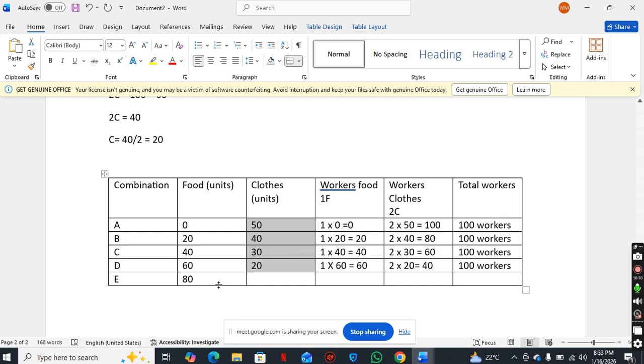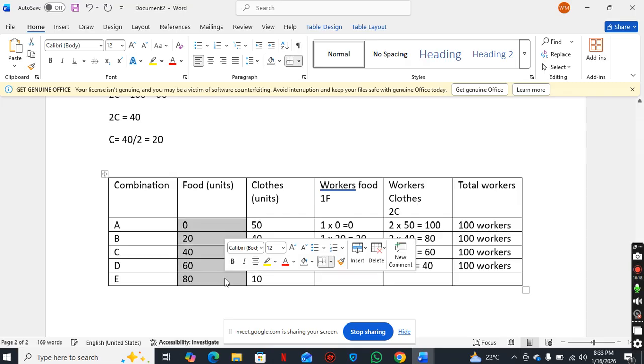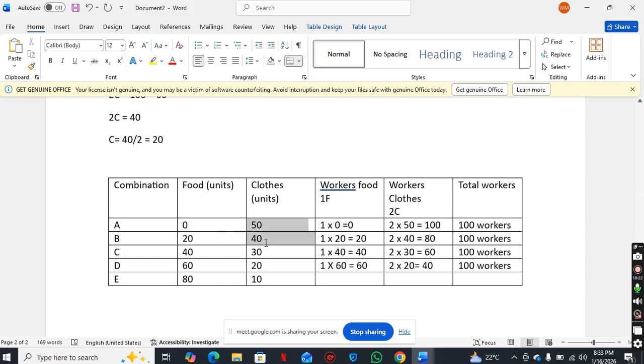So if you want to produce 80 units, you will know that I need to produce 10 clothes, because we've seen the trend already. I'm increasing the units by 20, and the clothes are decreasing by 10. So you can see 50, 40, 30, 20, 10. So if we produce 80 units, we'll only be able to produce 10 clothes. There's no need to even go to the equation now.